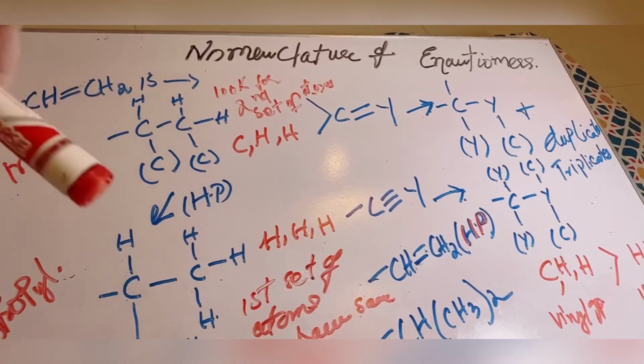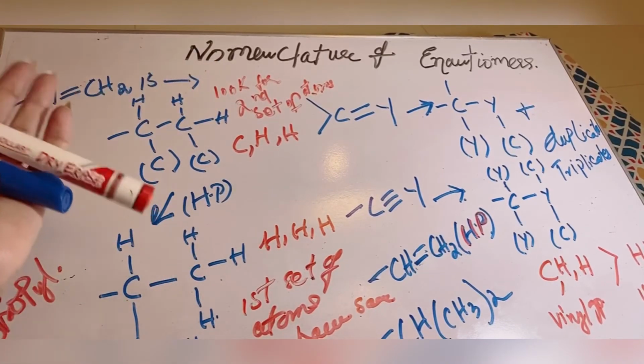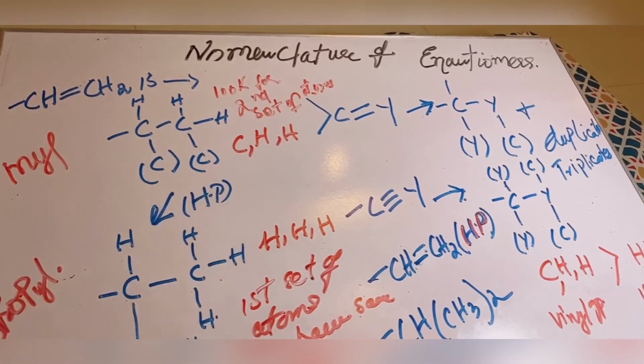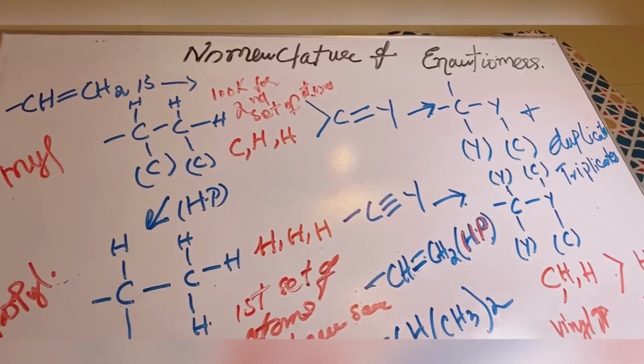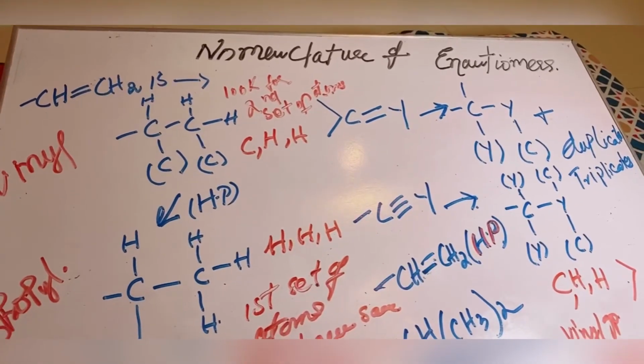That is how you will deal with the single bonded molecules and how you are going to deal with the double bond and multiple bonded compounds, right? So this was something very interesting.